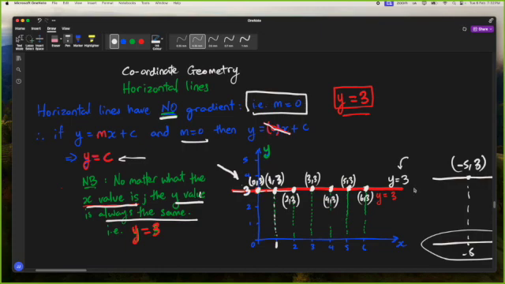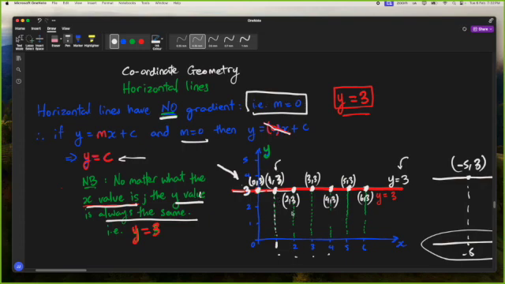If you look at all of the x values here, when x is 1, y is 3.